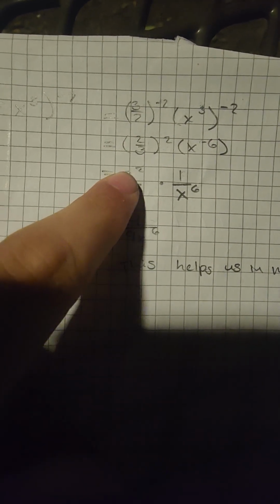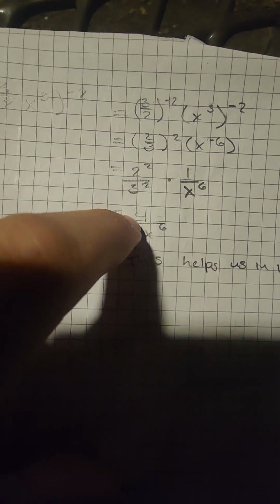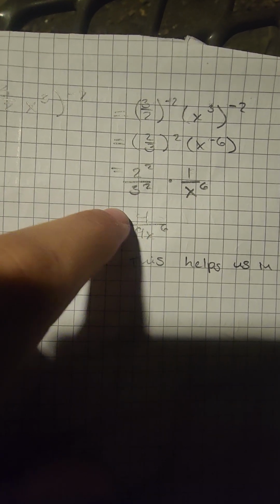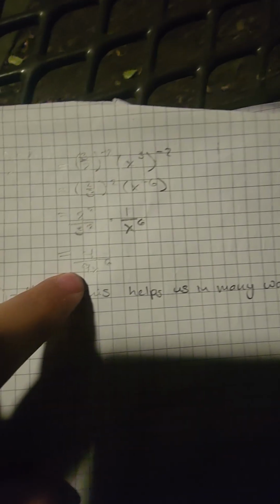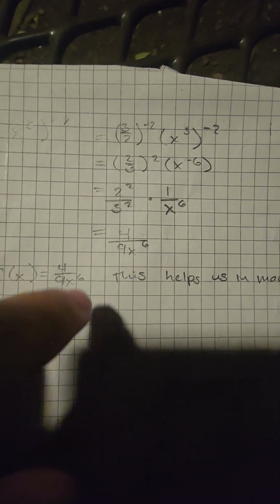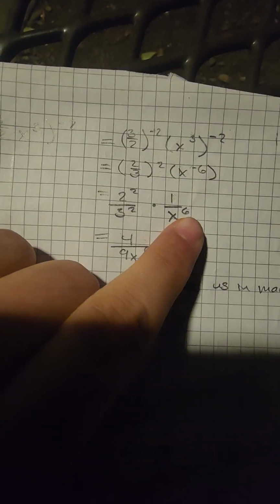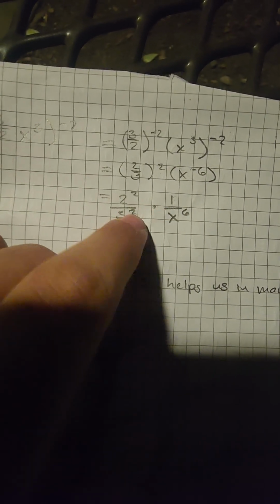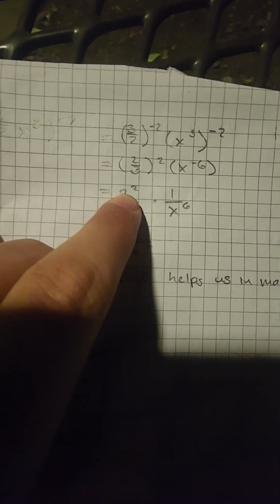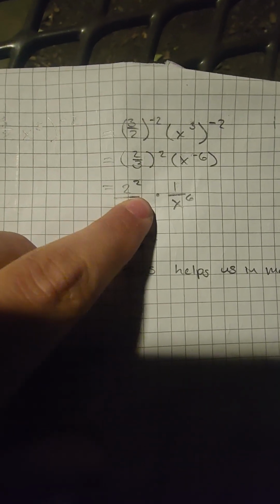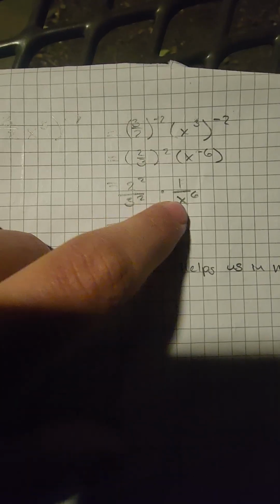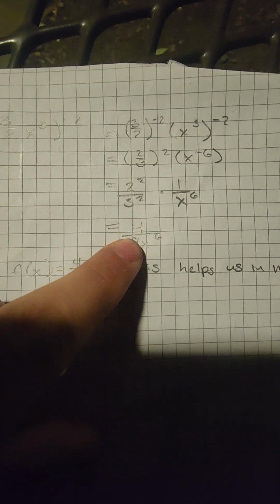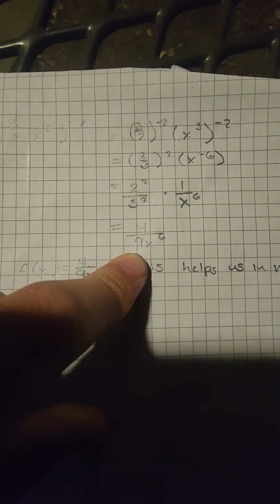We will then multiply these, so 2 times 2 is 4, 3 times 3 is 9, which will leave us 4 over 9. And when we go to multiply these two, it'll be 4 times 1, which is 4, and 9 times x to the power of 6, that'll be just 9x to the power of 6.